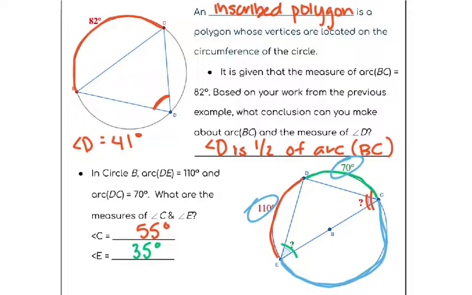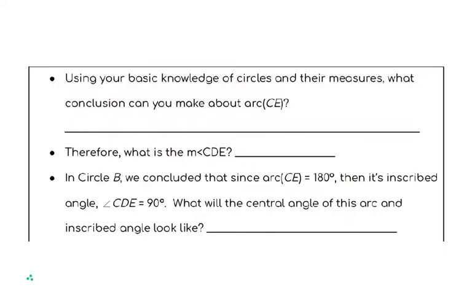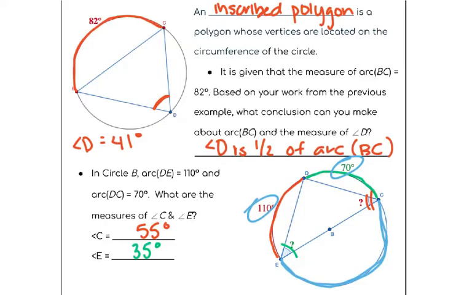Think about what the measures of a circle have to add up to be. You might be saying that it has to add up to 360 degrees. So if that's the case, then that last arc should be 180 degrees.